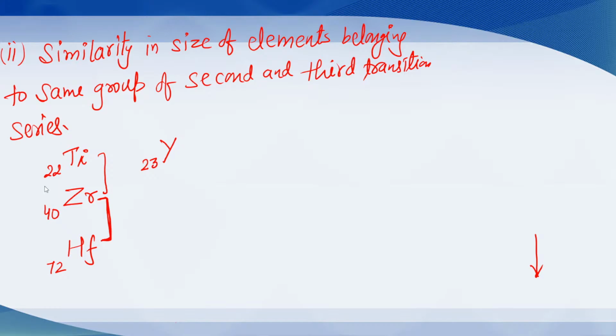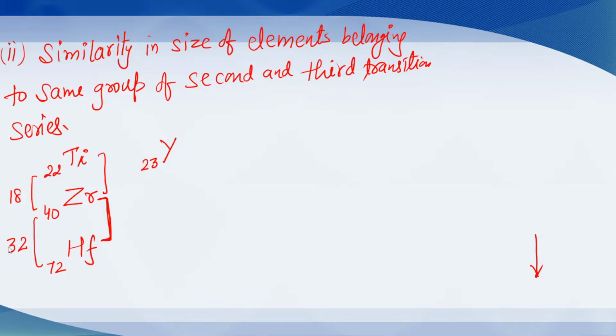Because see, from 22 to 40, there is an increase of 18 protons. But from zirconium to hafnium, there is an increase of 32 in nuclear charge, which means extra 14 f electrons.